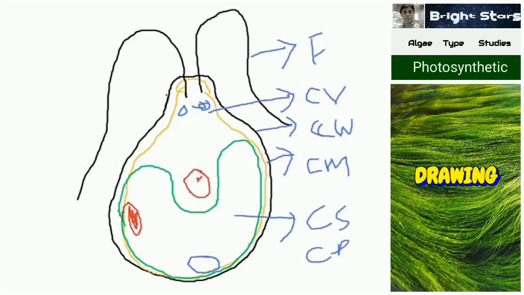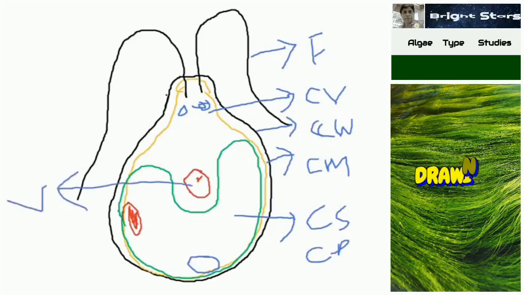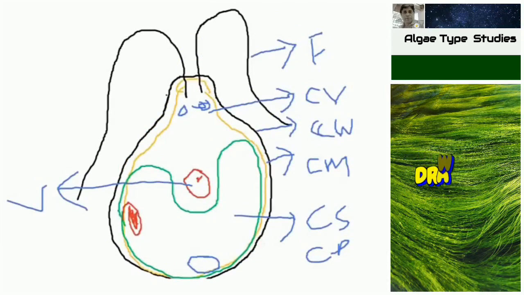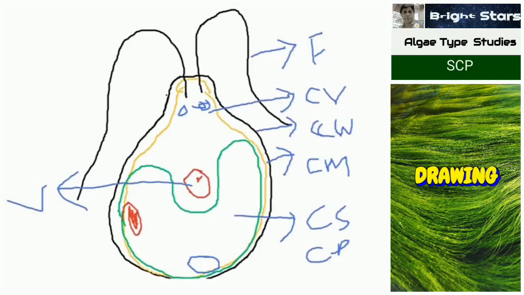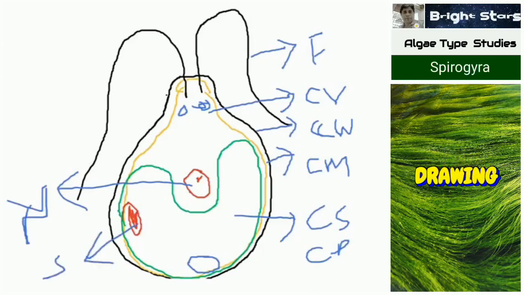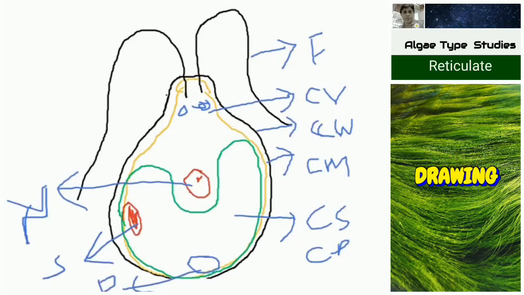But you write the full labels, because here I am drawing it on the mobile, that's why I'm just giving you abbreviations. This is the nucleus, that red mark, that prominent one. Next one is the stigma. Finally P means pyrenoid you can see.